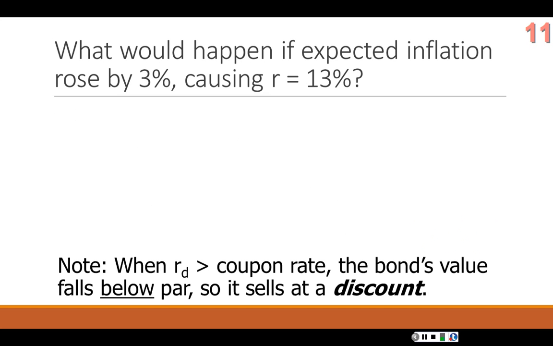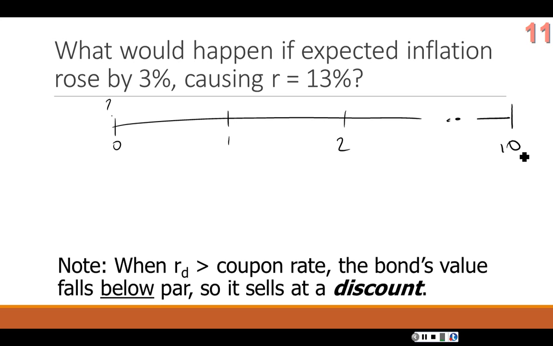What would happen if the required return increased 3% to 13%? So it's still the same problem. At time period 0, we want to know how much we're willing to pay for this bond. We're going to receive payments every period, and then the full value, the face value, upon maturity. So this bond was a 10-year bond, annual.